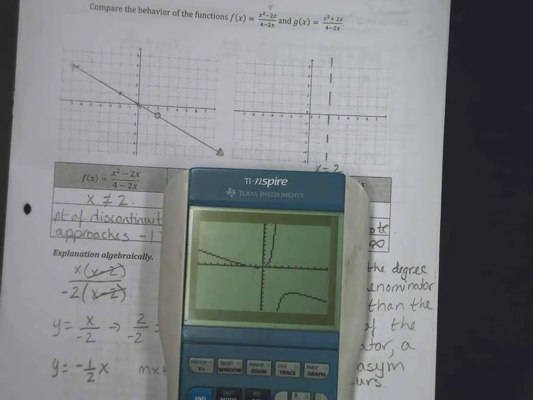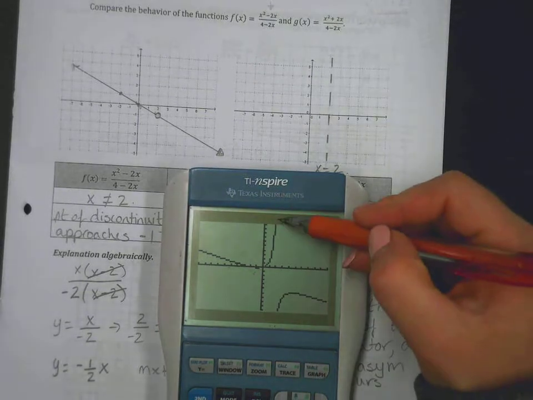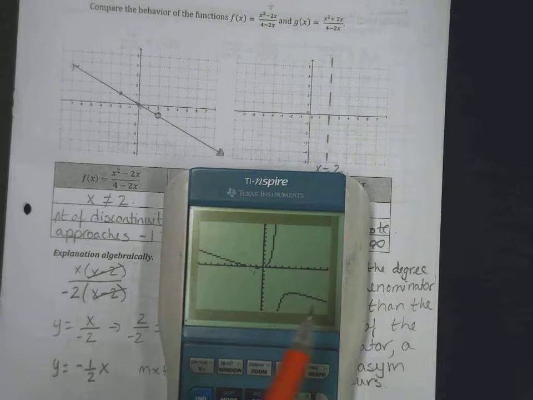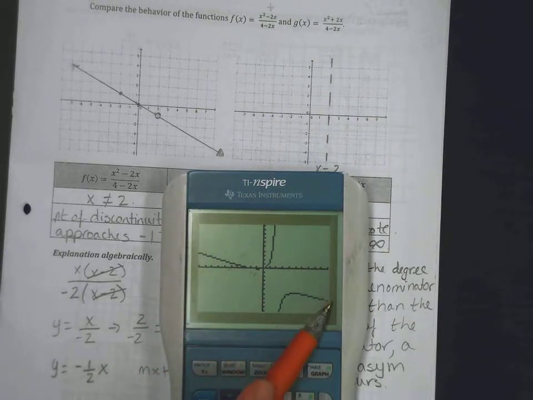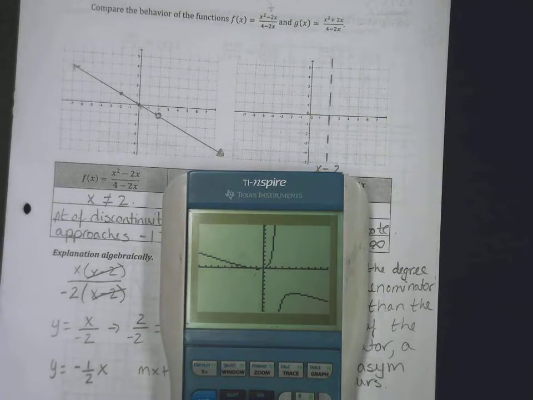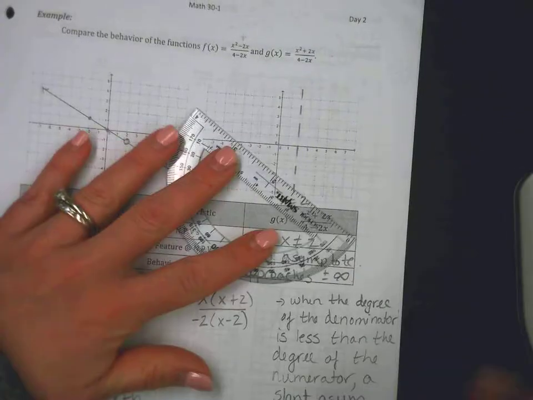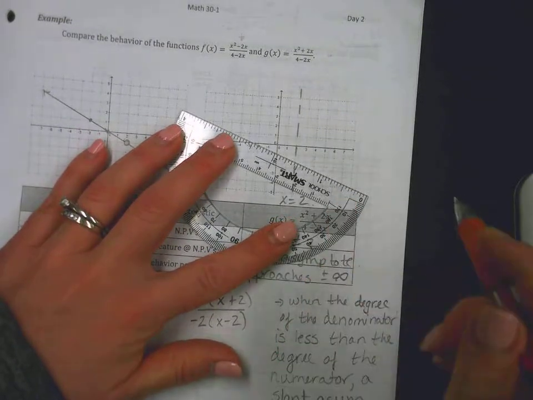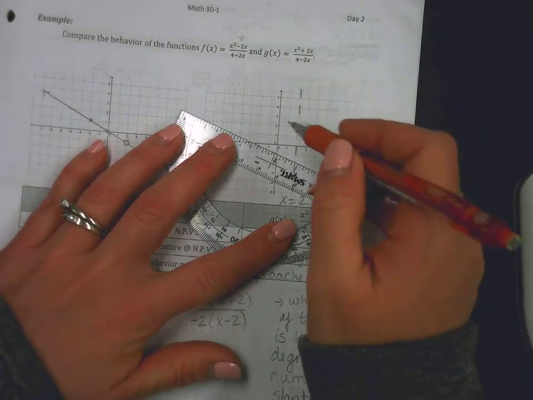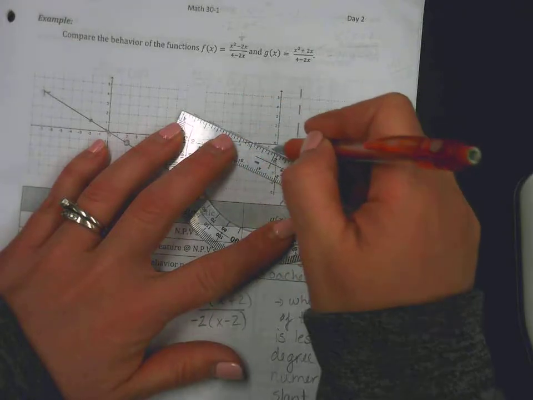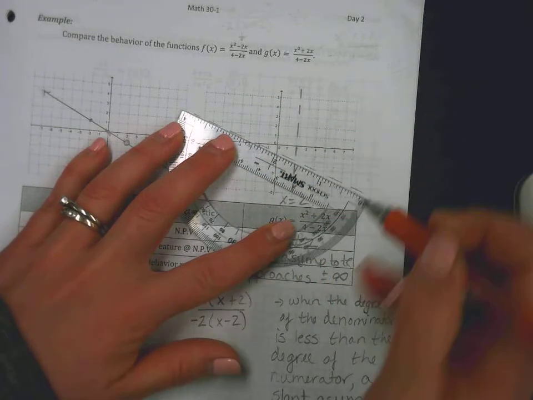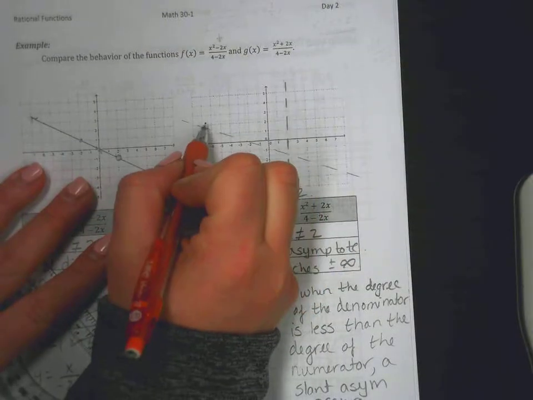So if I were to graph this function, we have a vertical asymptote occurring at 2, but then we have a slant asymptote as a guideline to get our function. Our slant asymptote kind of looks like this, and this is a guide that our graph is going to approach.